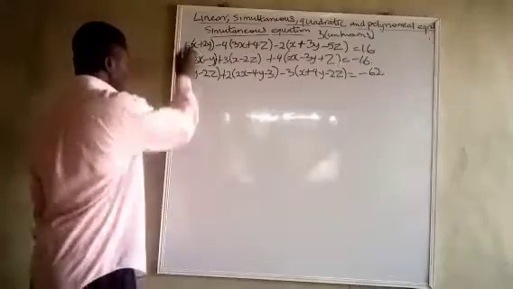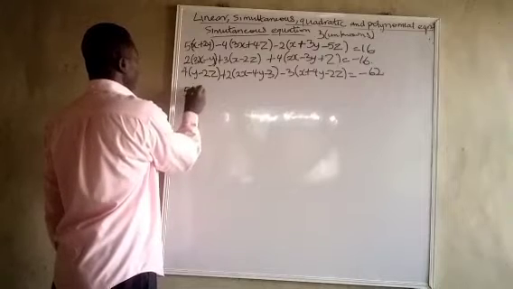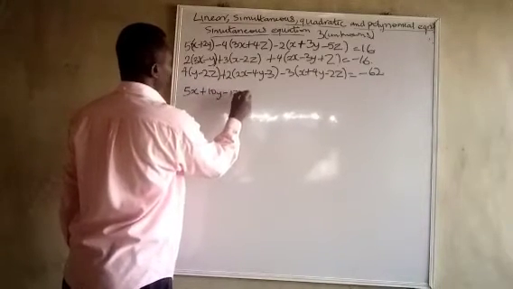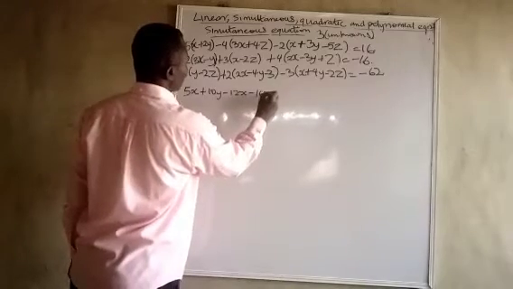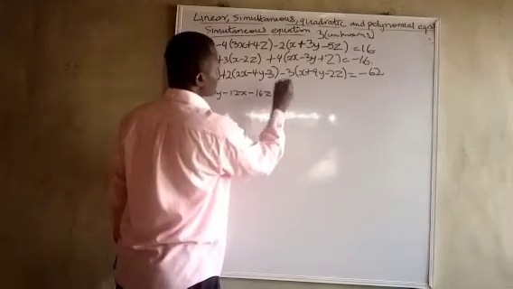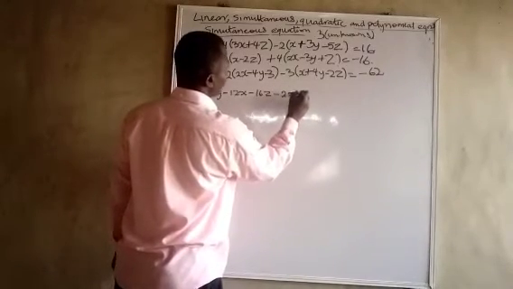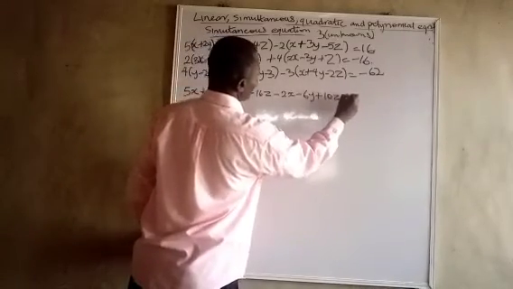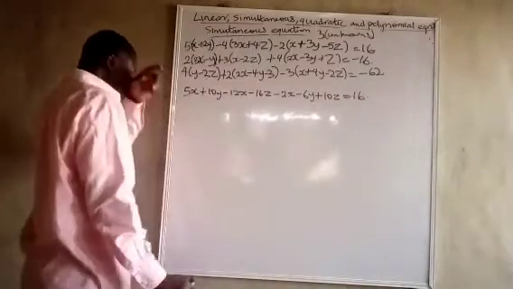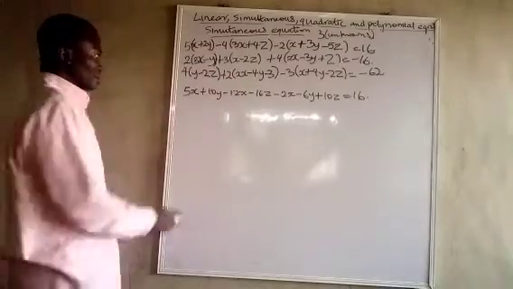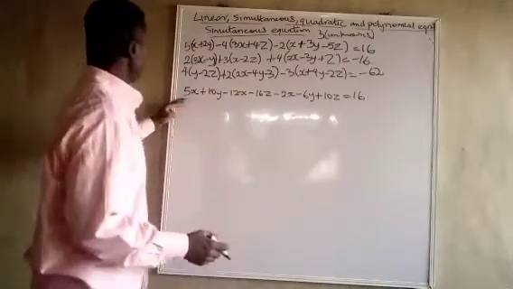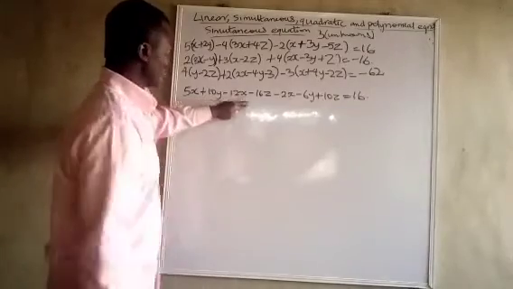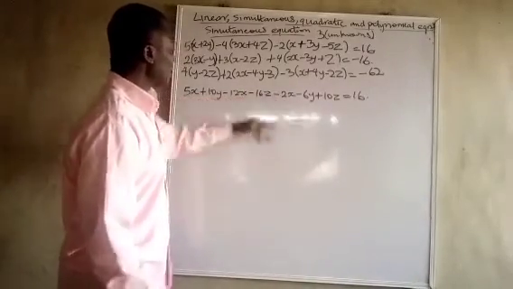So let's start with the first one. We are going to have 5x plus 10y minus 12x minus 16z minus 2x minus 6y plus 10z is equal to 16. Let me gather the like terms once and for all. You can do it straight. I'm having 5x minus 12x, that's minus 7x, and minus 2x, that's minus 9x.